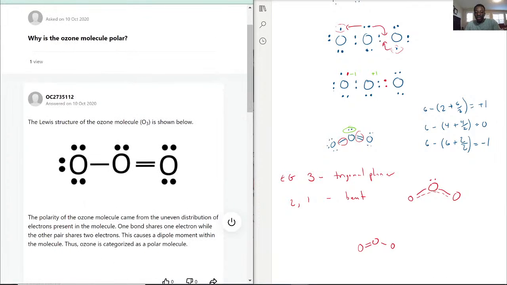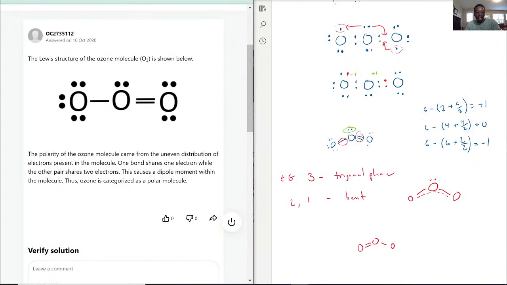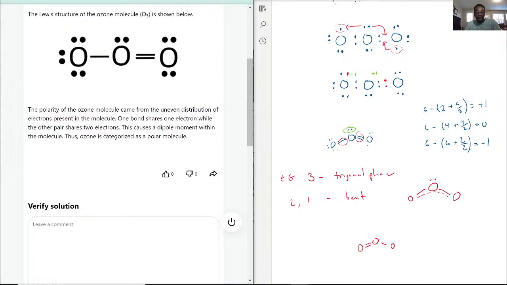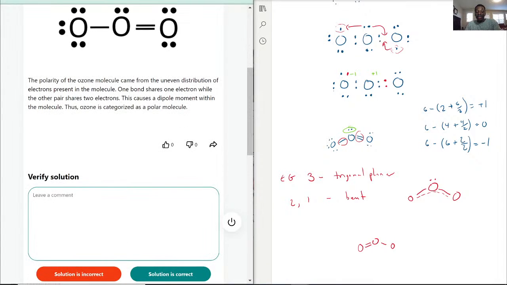So with that, that explains the Lewis structure, and because it has that lone pair and the uneven distribution, this causes a dipole moment, especially because that lone pair is doing what lone pairs do. It's no longer balanced because the lone pair doesn't have anything to counteract it. And you're also dealing with a single versus a double bond. So the whole molecule is unevenly distributed, which is why this is considered a polar molecule.